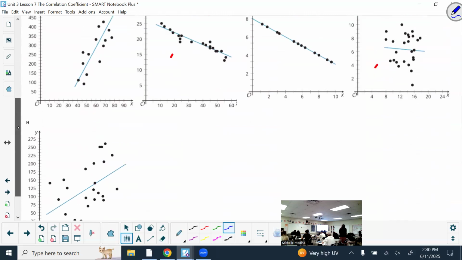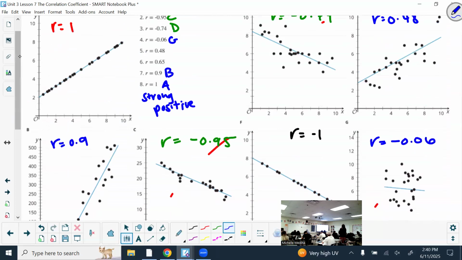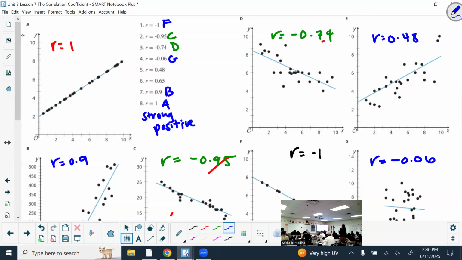Okay, what do you think? What do you think it should be? There's only one other one left.